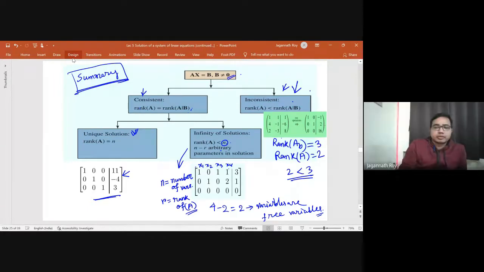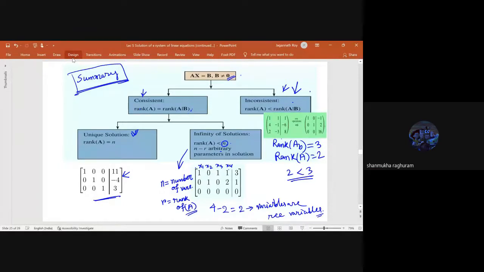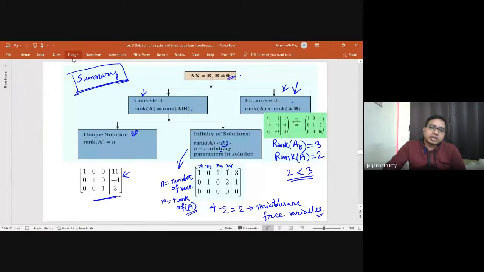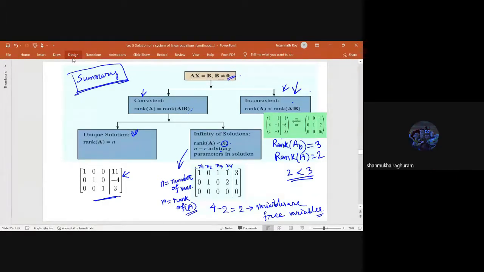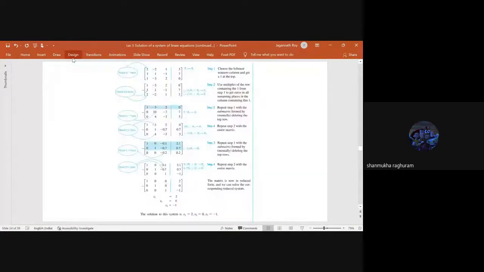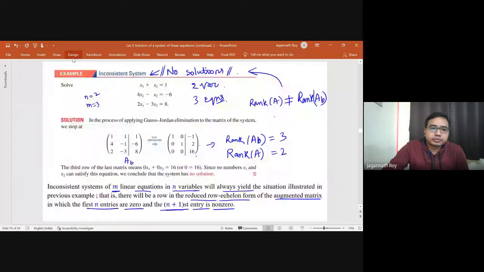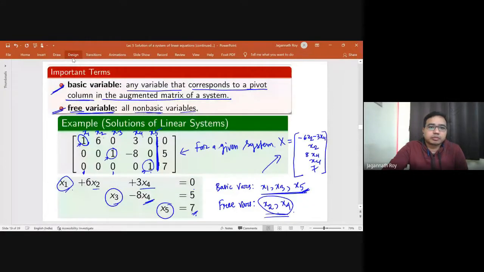Sir, please once again explain the concept of basic variables and free variables. Okay, free variable and basic variable. Right. Let us come to this point.